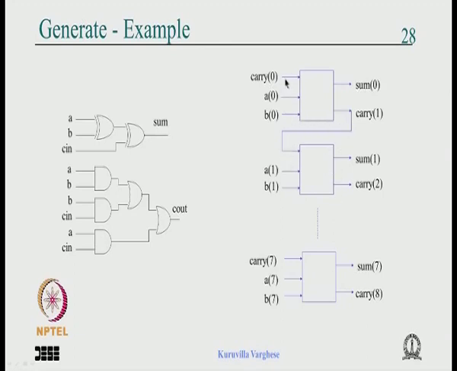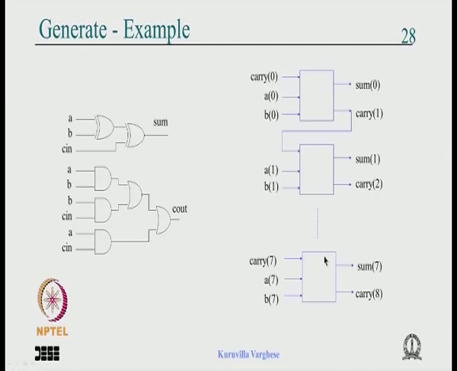An internal signal carry which is 8 down to 0, because for convenience we are naming this carry. Definitely this carry 0 can be defined as a carry in, and this carry 8 can be assigned to sum 8 or carry out depending on your need.